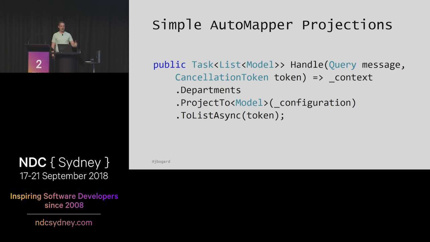What this is doing behind the scenes is converting the configuration of how to go from a source to a destination object into a LINQ select projection. And ORMs know how to take that LINQ select projection and translate that directly into SQL. So this is equivalent to a SQL view, where I have a predefined select statement to say select this directly into this DTO.